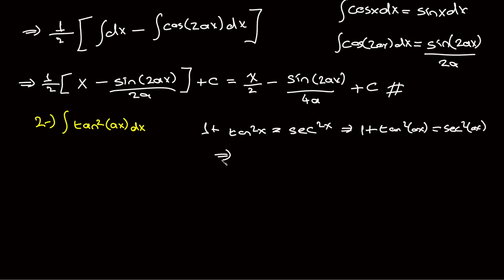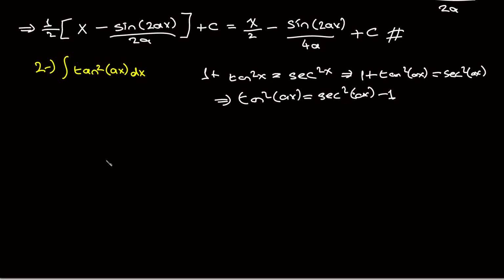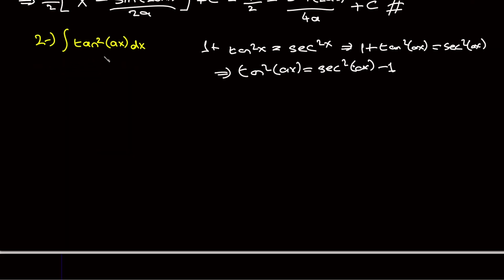From here, tan squared ax is equal to secant squared of ax minus 1. I will integrate this instead of the tan squared ax. Now our integral becomes the integral of (secant squared of ax minus 1) dx.